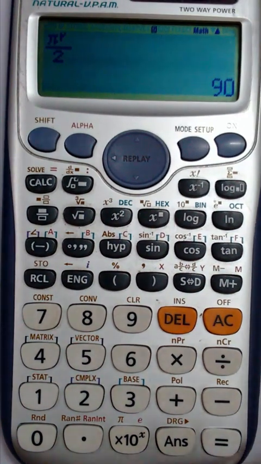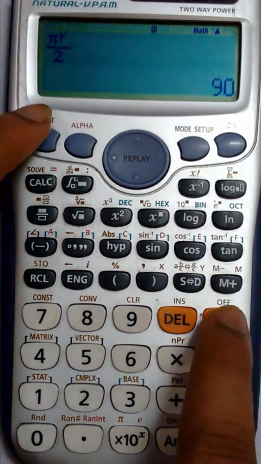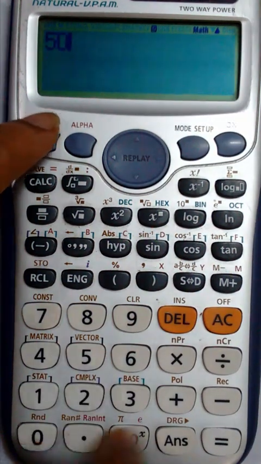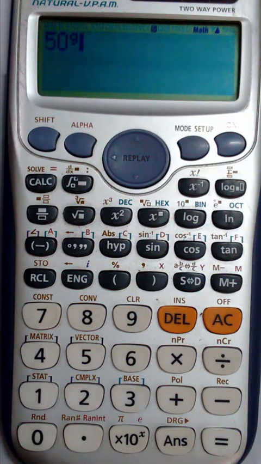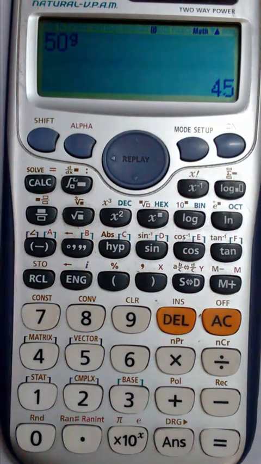In this way you can use this radian function. Suppose I want this angle in degree: 45 degree is the conversion result of 50 gradient.